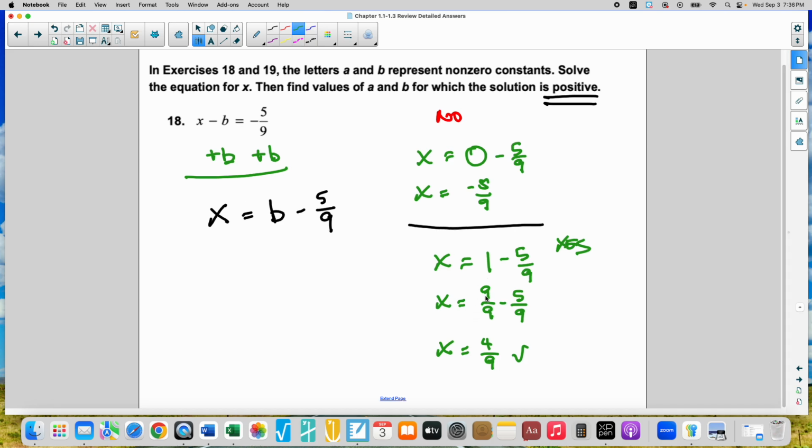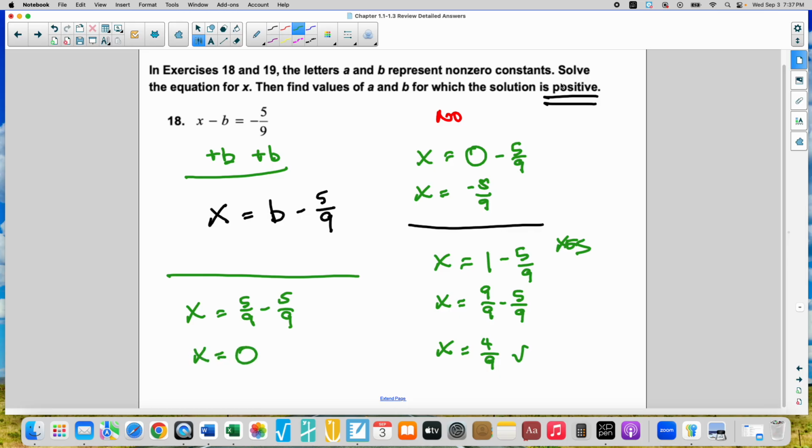So I can get smaller. Instead of 1, what if I plug in 5/9? X equals 5/9 minus 5/9. What do I get? I get 0.